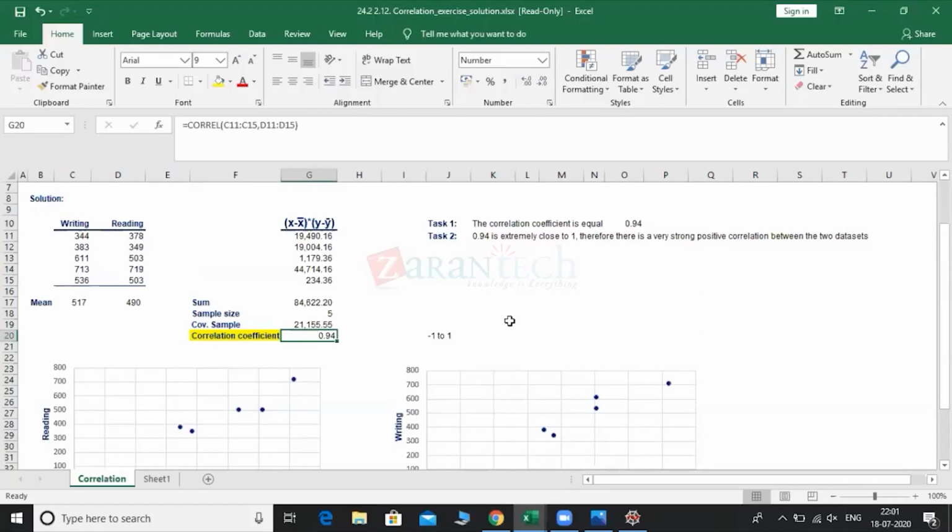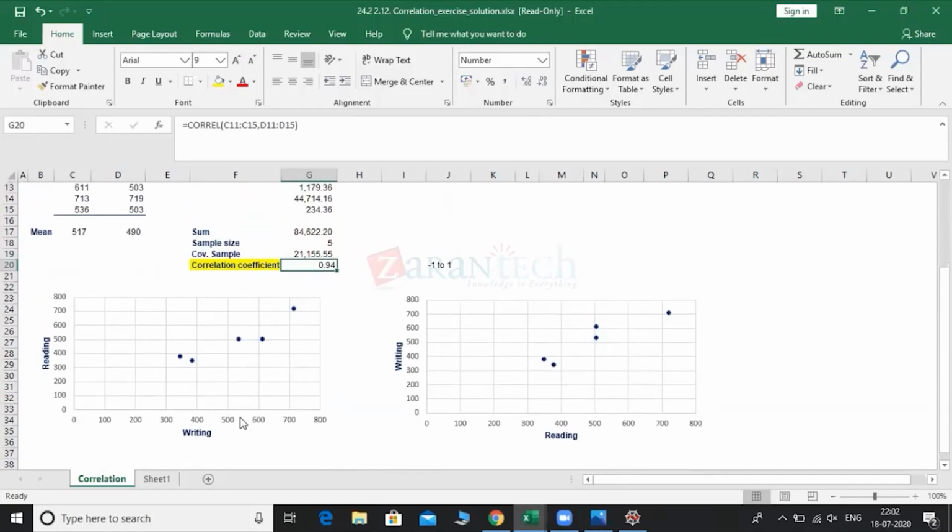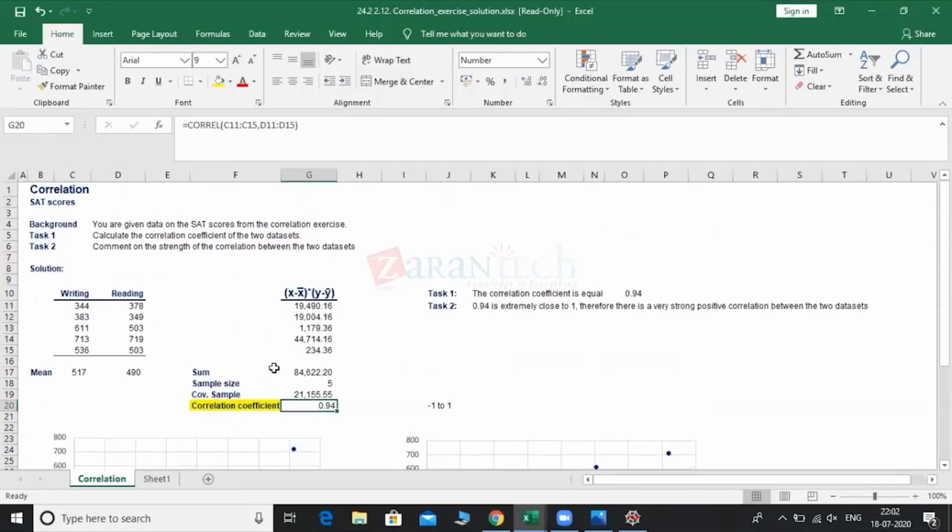So this is about correlation. Any questions till now? What we have covered is univariate and bivariate analysis till now. Any questions you have? No, Austin, I'm good.